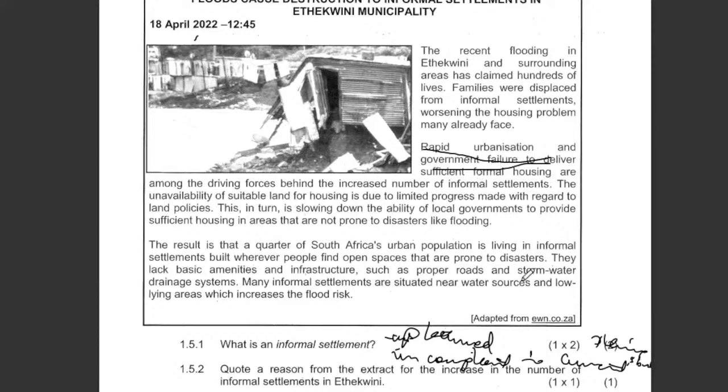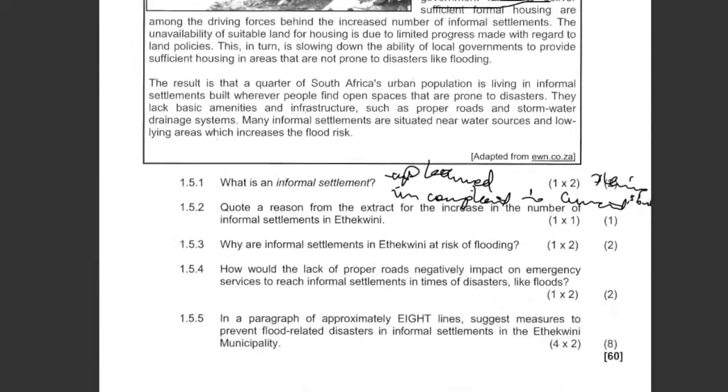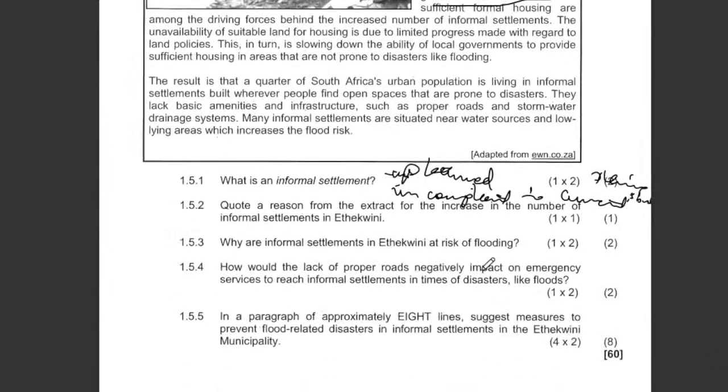So the two reasons we can have are rapid urbanization and the government's failure to provide formal housing.